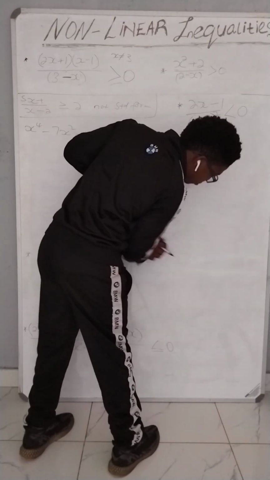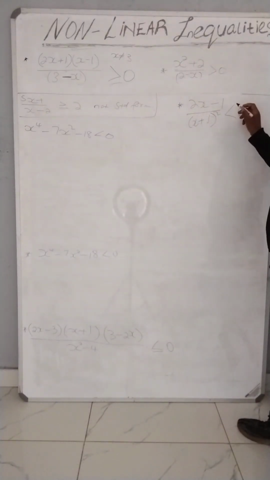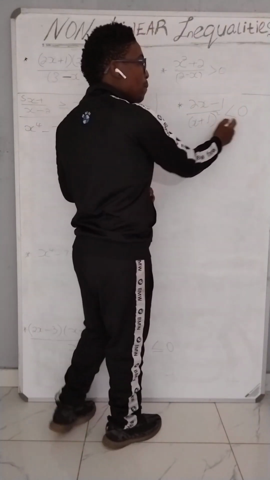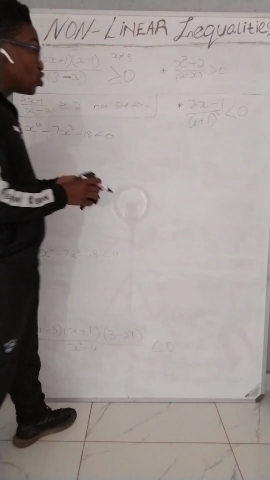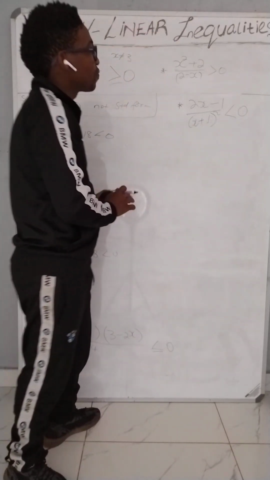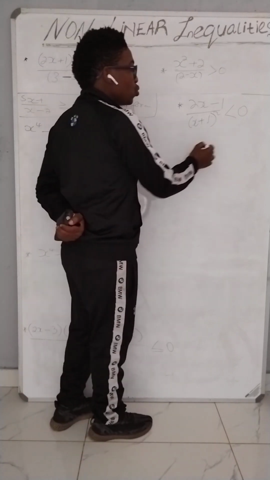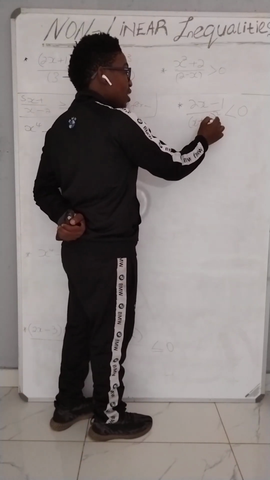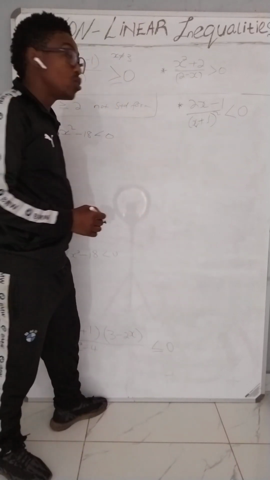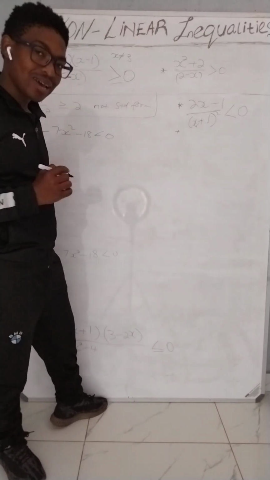Just gonna remove it from here. So in this one, you have the entire expression being less than 0, meaning you have the entire expression being negative. Okay, but at the same time, you can see that whatever value of x you put, you are going to have a positive denominator.